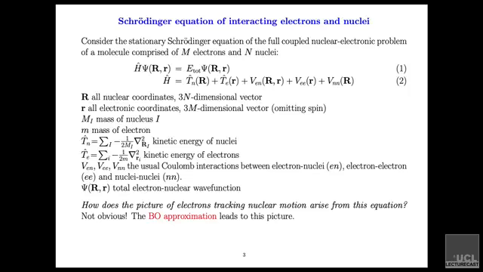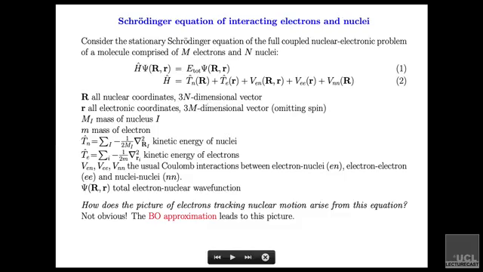This is what I've done here in equations 1 to 2. This is the time-independent or stationary Schrödinger equation for a fully coupled electron-nuclear problem comprised of m electrons and n nuclei, H psi equals E psi. The Hamiltonian here contains the usual terms: the kinetic energy of the nuclei, the kinetic energy of the electrons, and then all the Coulomb interactions between electrons and nuclei, electrons and electrons, and nuclei and nuclei.